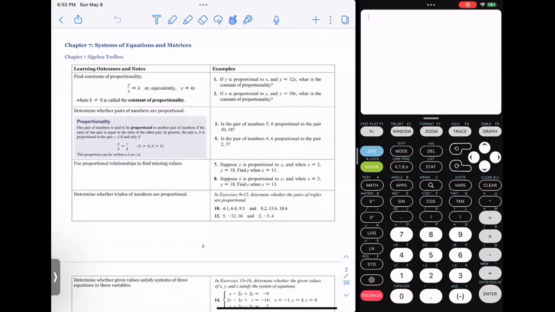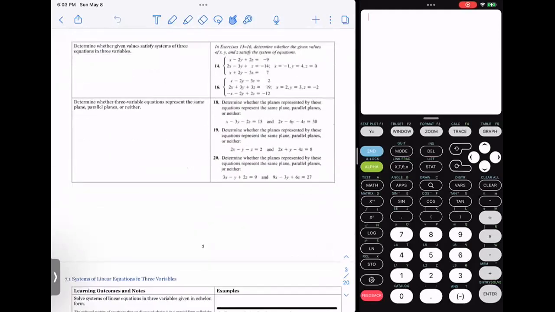Are there any questions on page 2? All right, if there are no questions on page 2, let's look at page 3.